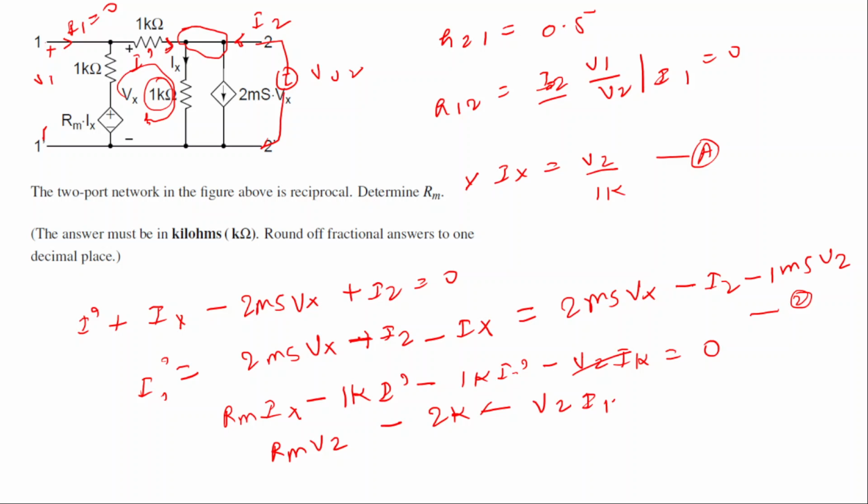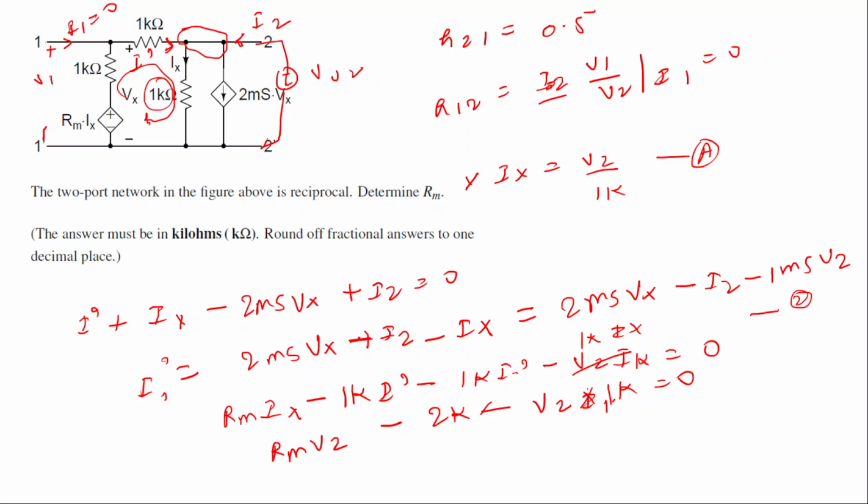So it will be equal to 1K times Ix, which will be equal to V2 times 1K, so V2 times 1K equals to 0. So now we can add this V2.